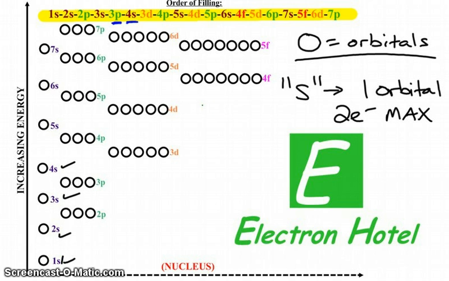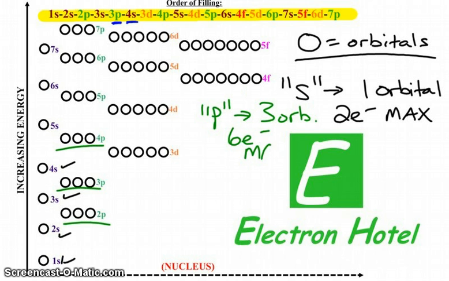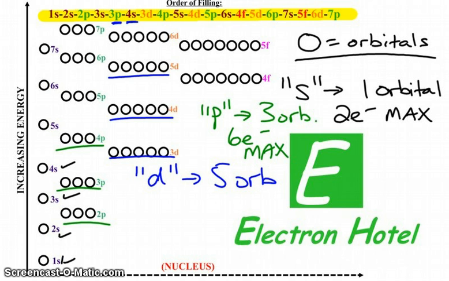For every p sublevel, you'll see that we have 3 orbitals. So with 3 orbitals, that means 6 electrons maximum in every p sublevel. D sublevels, you'll notice that there are 5 orbitals, giving us a 10 electron maximum.